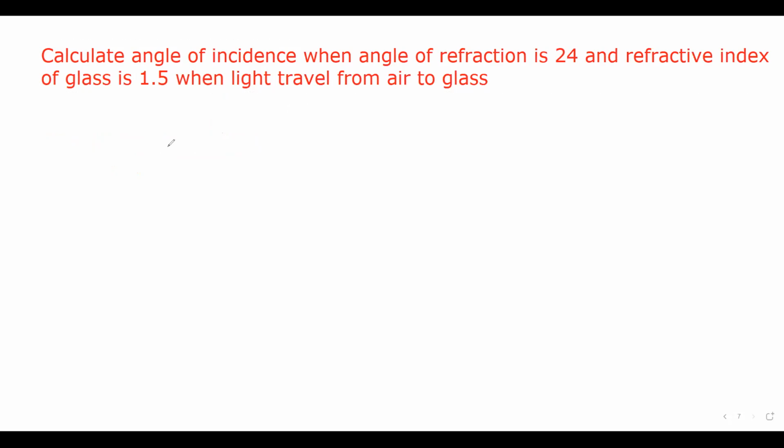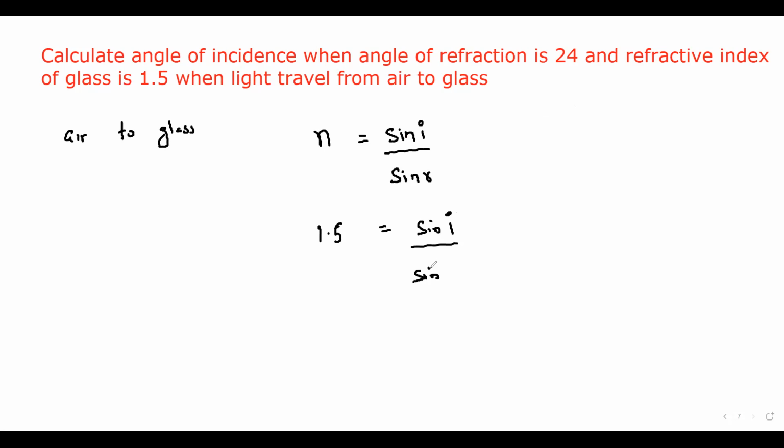Whenever the light travels from air to glass, the formula for the refractive index is sine I divided by sine R. In the question we need the angle of incidence, so we need this part. The angle of refraction is 24 and the refractive index is 1.5. So 1.5 equals sine I divided by sine 24.